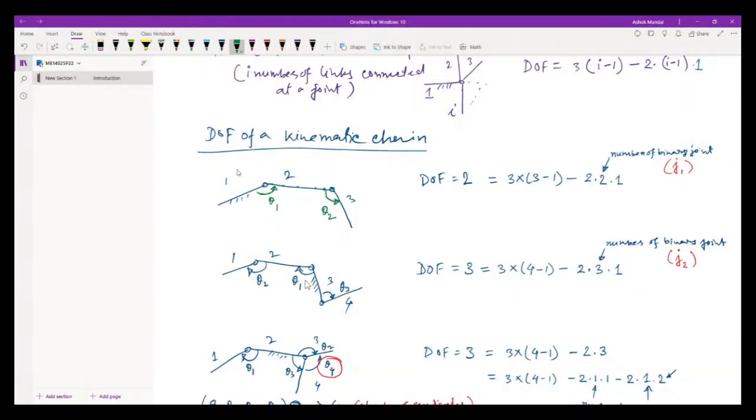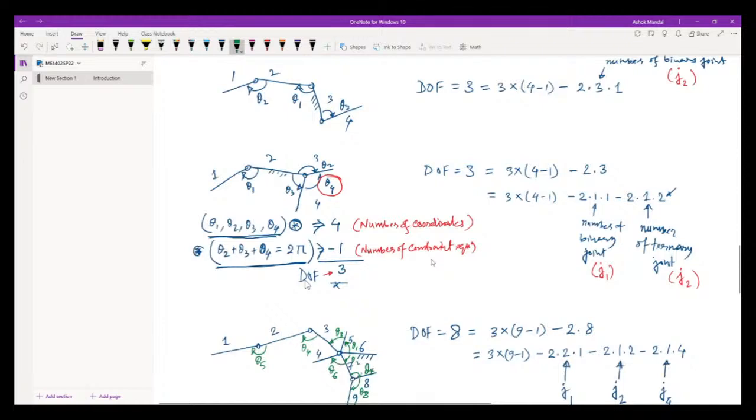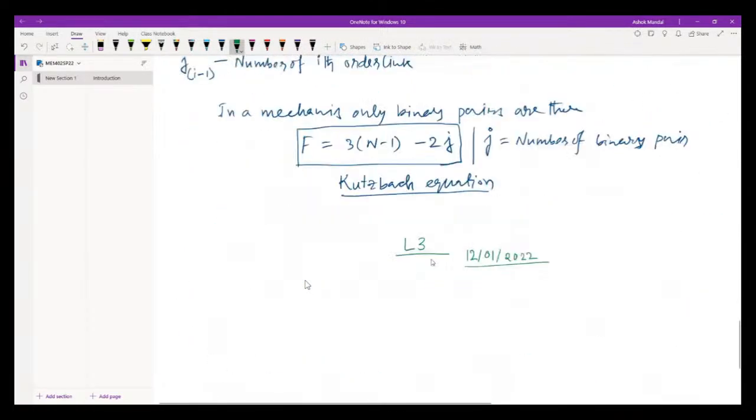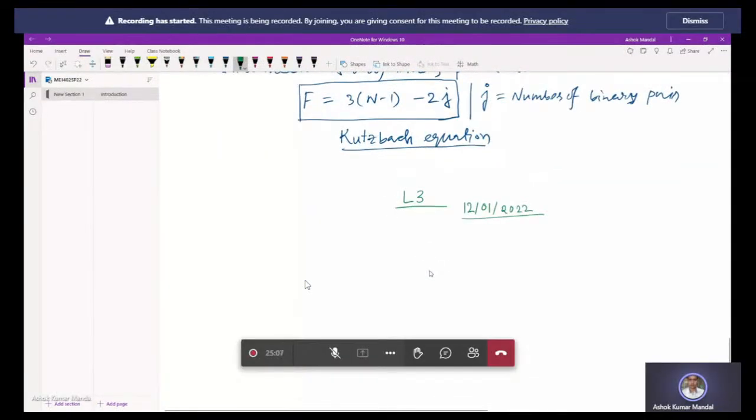Last class we were discussing degree of freedom of a kinematic chain, and we have now shifted to degree of freedom of a mechanism.